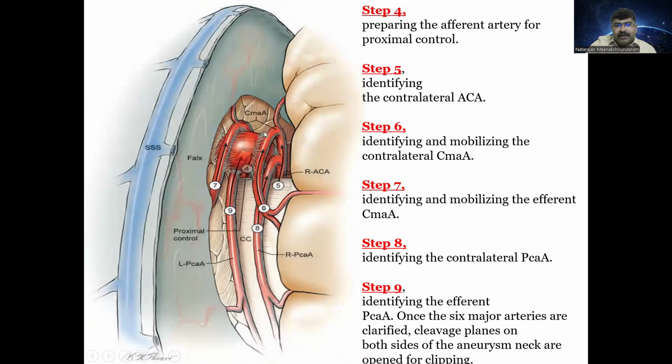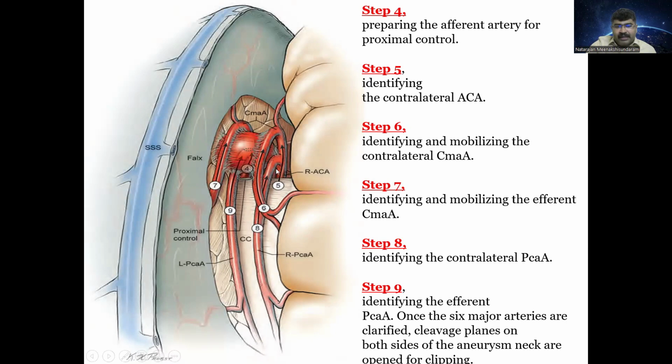Once you finish the subdural and the subarachnoid dissections, follow the peripheral artery deeper into the pericallosal artery above the corpus callosum. Prepare the afferent artery for proximal control. This is the afferent artery for the proximal control.